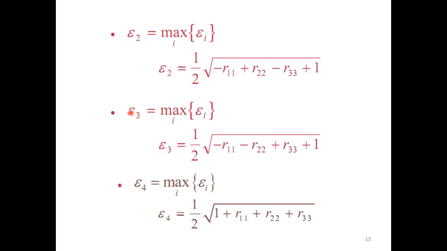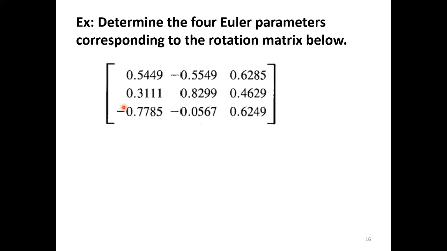If this is 0, you calculate epsilon 3. Likewise, the first parameter can be any one of the 4: epsilon 3, 1, 2, 4, whatever. If it is not 0, you go ahead and calculate the other parameters. If it is 0, you drop it, stop, and try to calculate another parameter. So therefore, there's always a way out for you to calculate Euler parameters.